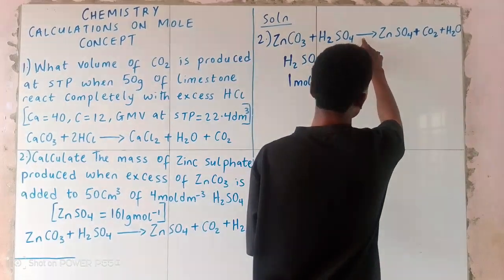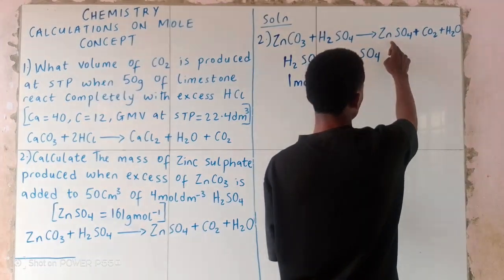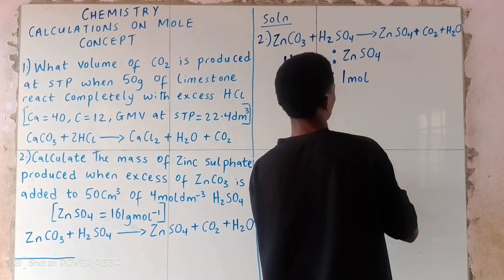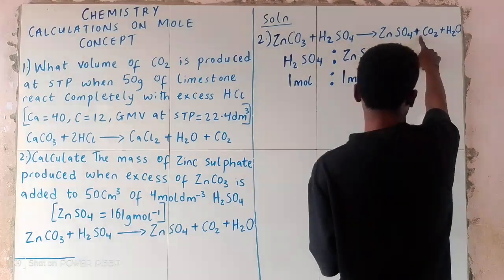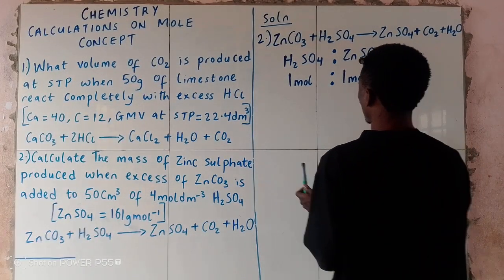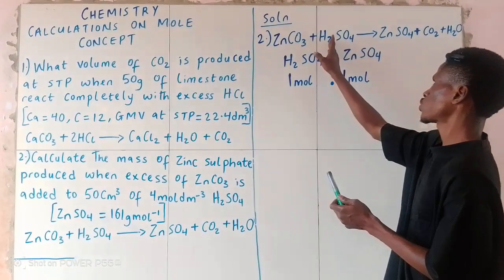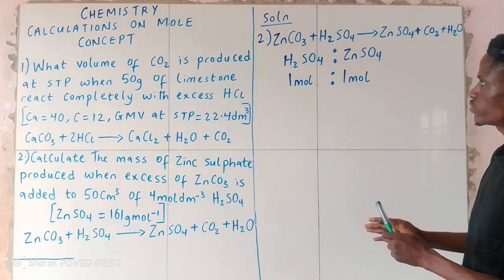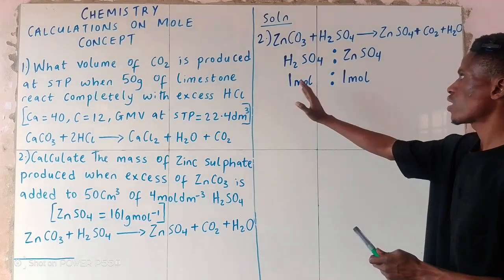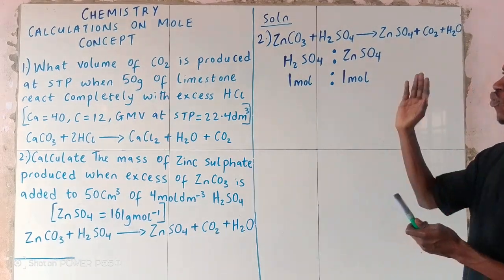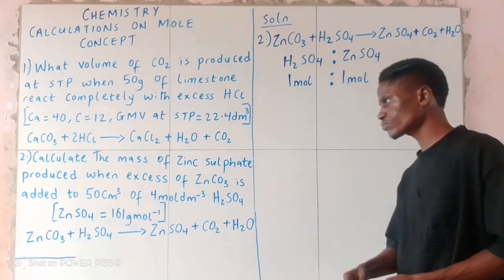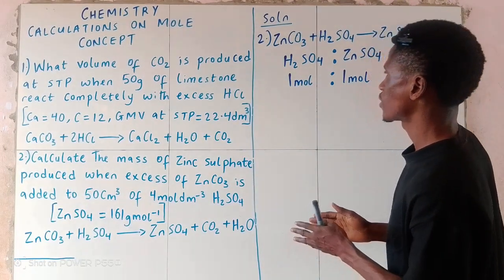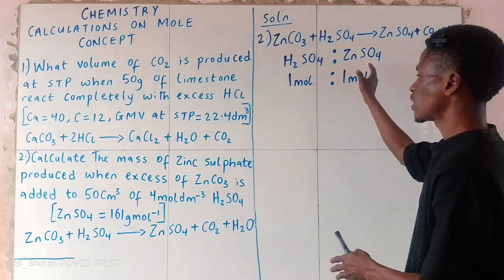So liberate 1 mole of zinc sulfate. So I have 1 mole. And 1 mole of carbon 4 oxide and 1 mole of water. So for these two substances that I'm solving on, the two of them are having a mole ratio of 1:1. My next step is to check the parameters that these two substances are being given.